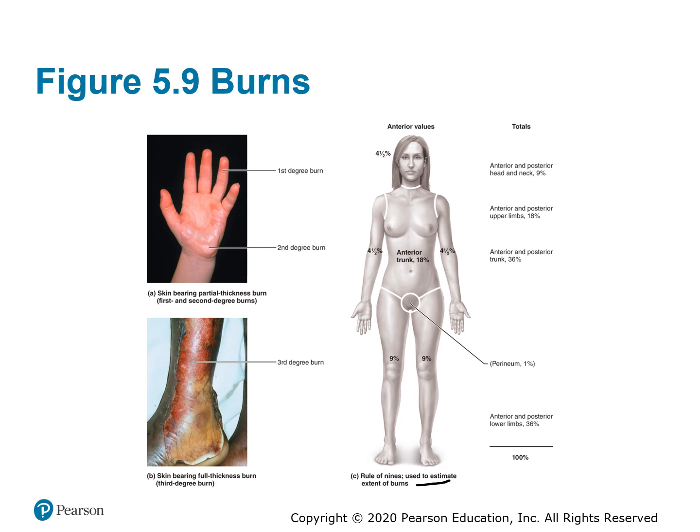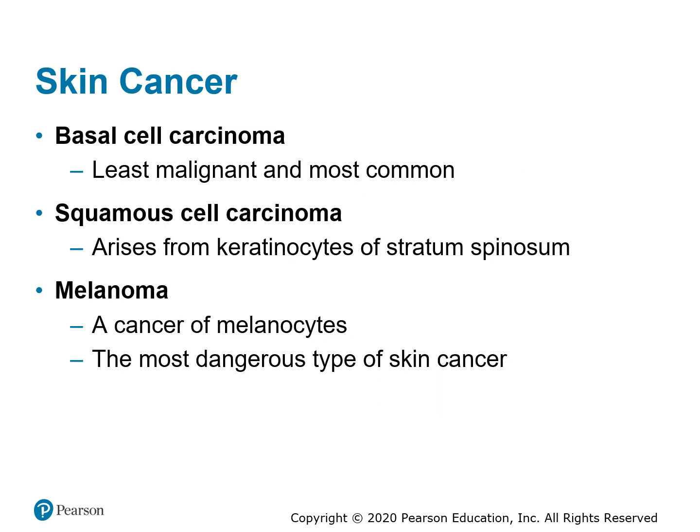Another way that our skin can be injured or harmed is cancer. Skin cancer is essentially just an excess of dividing cells. That's pretty much what all cancers are. Okay?